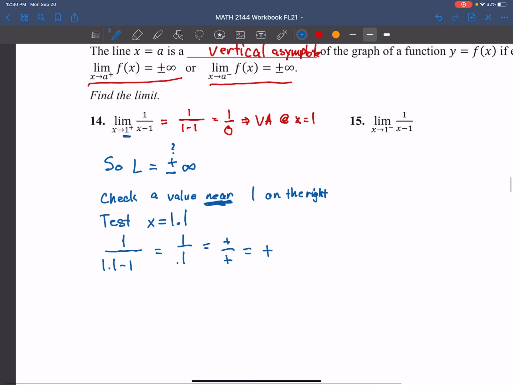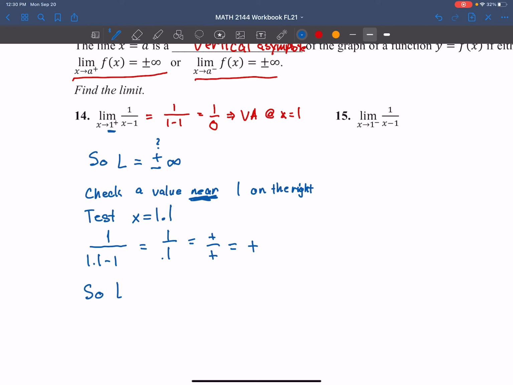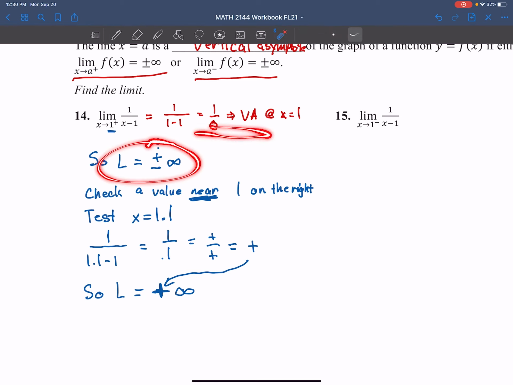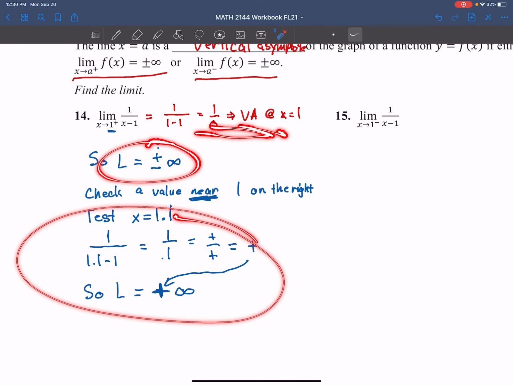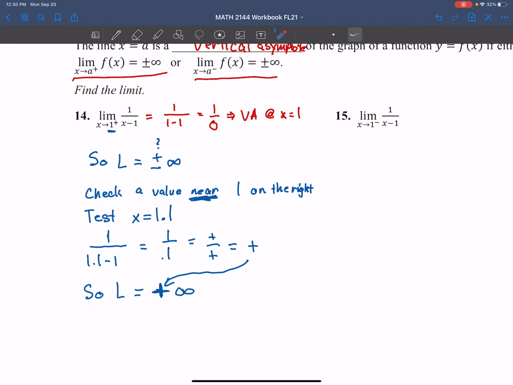So what this means is L is equal to positive infinity. And this positive is coming from there, because we already figured out that it was a vertical asymptote based off of our work up here. This down here is just to determine the sign, whether the graph was growing up or growing down.